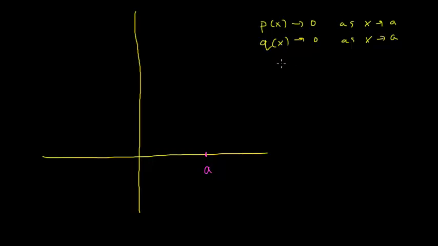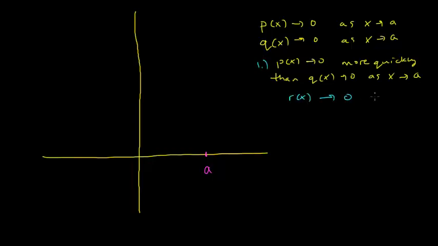Well, just as before, there are three possibilities. The first one let's look at is, let's say that p of x goes to 0 more quickly than q of x goes to 0 as x approaches a. Well, in this case, r of x will also go to 0 as x approaches a, because the numerator is getting smaller more quickly than the denominator, so in general the whole function goes to 0.